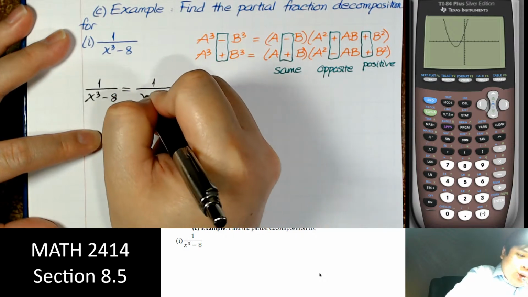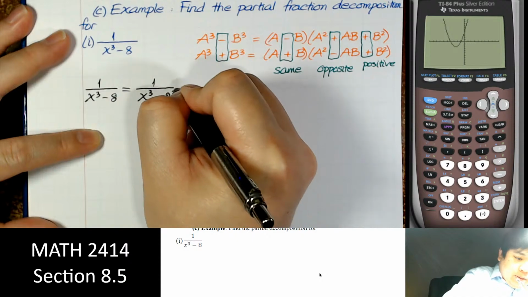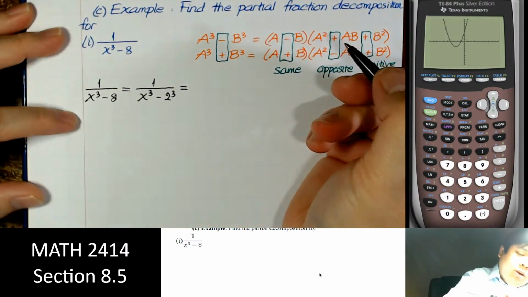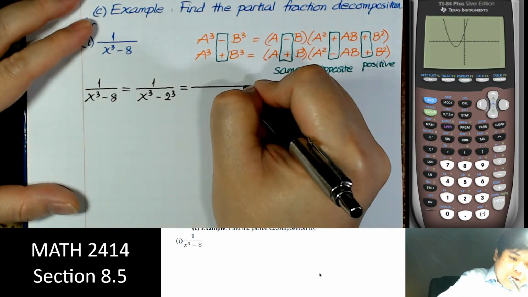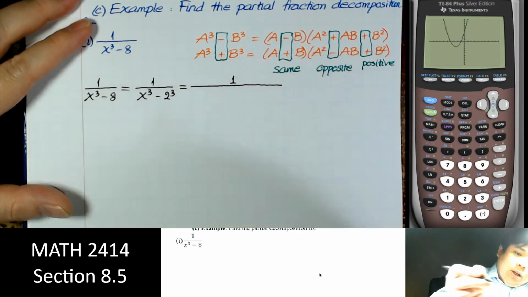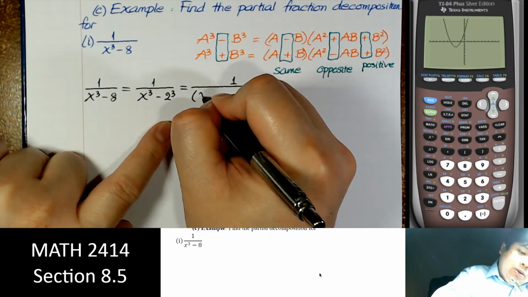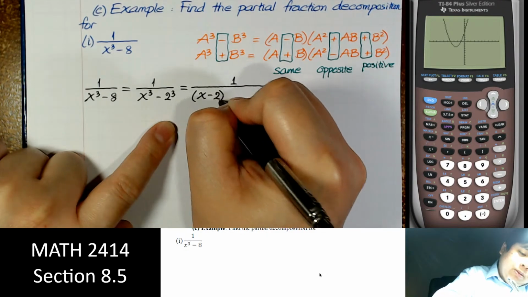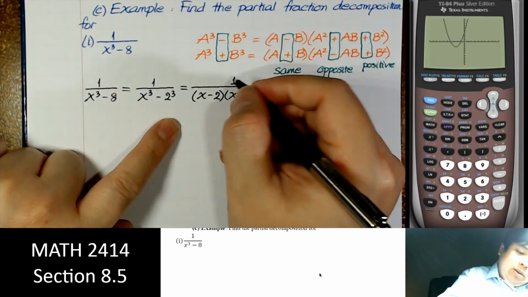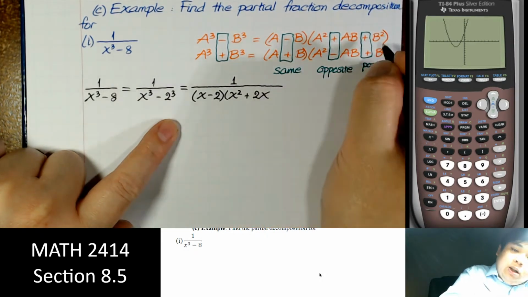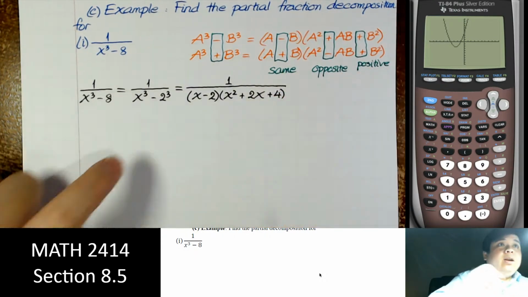Just write that as 2 cubed, x cubed minus 2 cubed. Right. a minus b, x minus 2, a squared, x squared, ab, 2x, b squared, 2 squared, which is 4. Right.